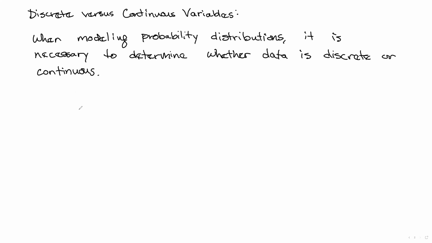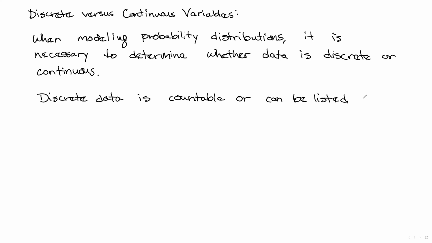Let's start off by talking about discrete data. So discrete data is countable. We'll talk about what that means in a minute. So it's countable, or it can be listed, over a defined range.